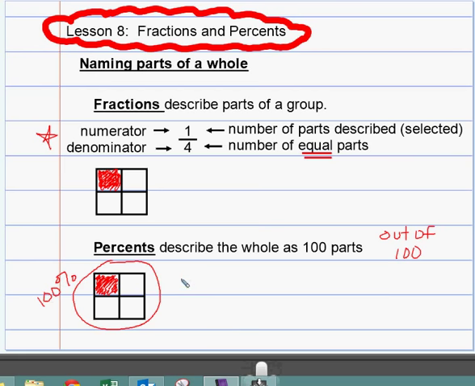So what we need to do is take 100%, the whole thing, and divide that by how many groups are shown. How many groups are shown? There are 4. And 100% divided by 4 is going to be 25%. So each one of those small squares is worth 25%. And we have one shaded group.